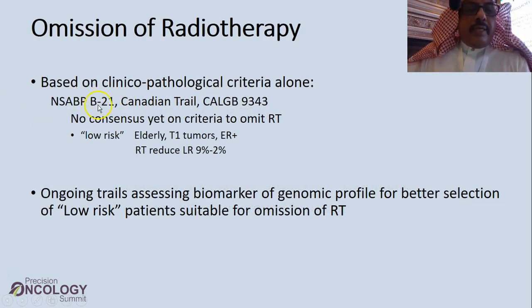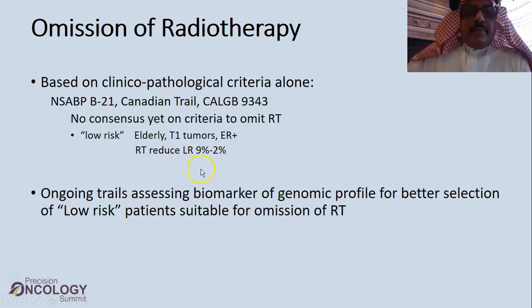Actually, this issue has been addressed in at least 3 well-done prospective randomized trials, where they tried to identify really low-risk patients. They took the elderly, small tumors, receptor positive. And they found that even in this subgroup of patients, radiation therapy improved the local recurrence, dropping it from 9% down to 2%. So there was no consensus.